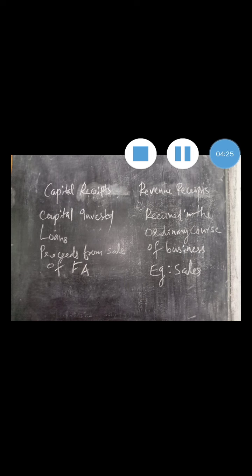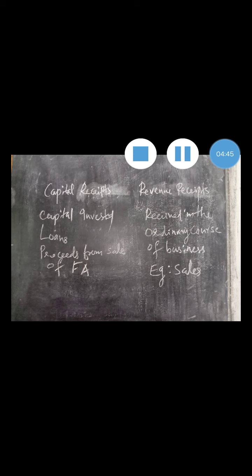So the main thing is, if a particular expenditure increases the earning capacity of the business, that is of course capital expenditure. If a particular expenditure maintains the earning capacity of the company, then it will be revenue expenditure.